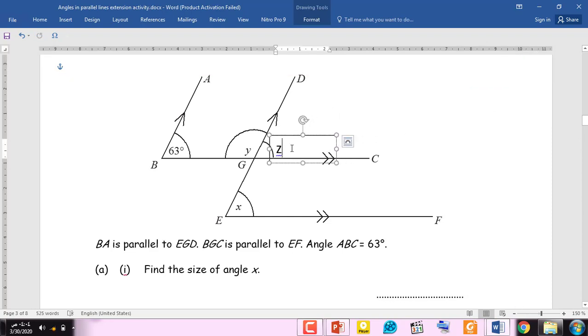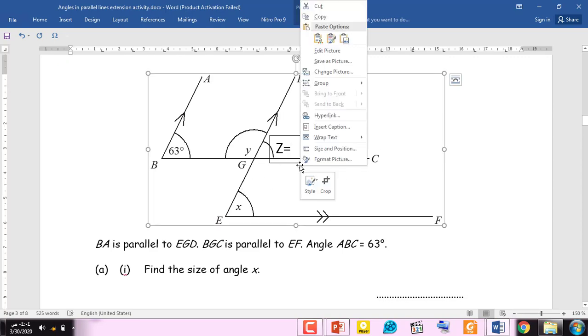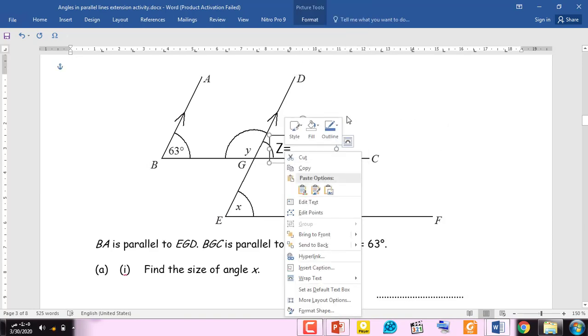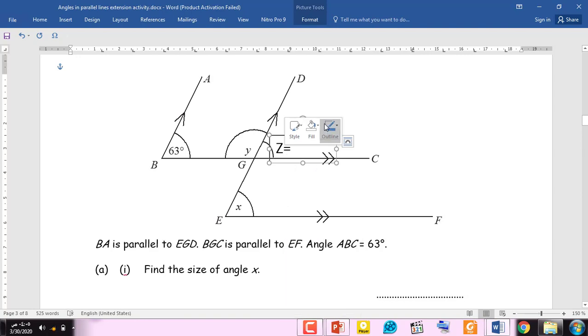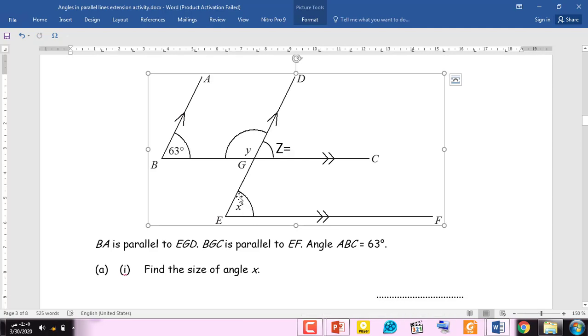So I don't know the value of Z. If I know the value of Z, I can know the value of X. Why is this?